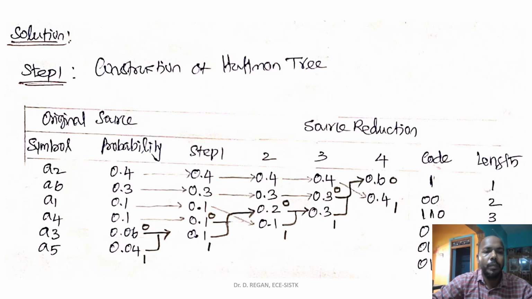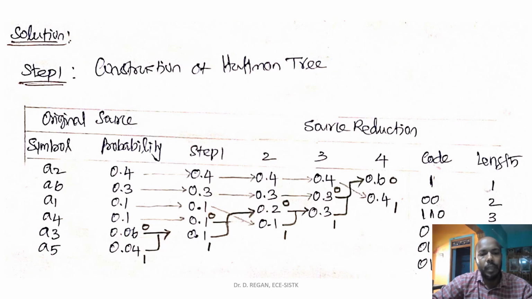See that I arranged all the symbols in descending order of probability values. Symbol A2, which has the highest probability, 0.4. A6 is the next greater value, 0.3, in the source set. And A1 is 0.1, A4 is 0.1. So here you have the option to keep A1 or A4 first in the order, because both are the same in probability values.